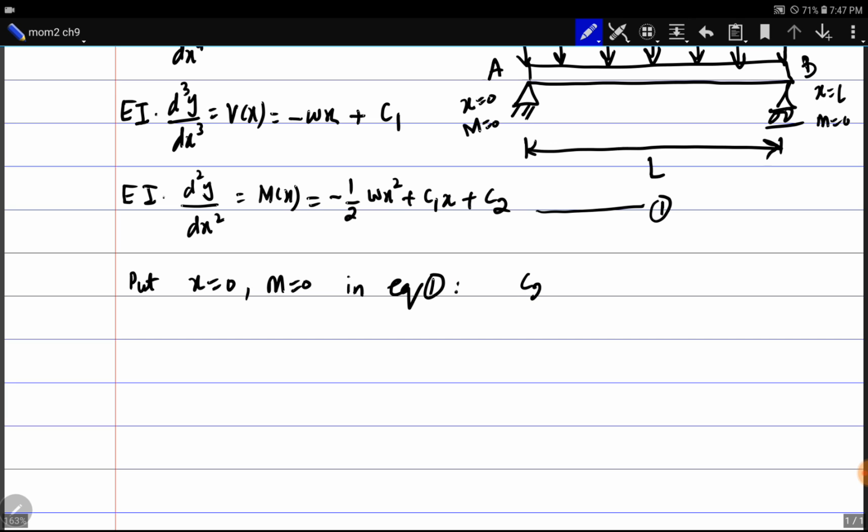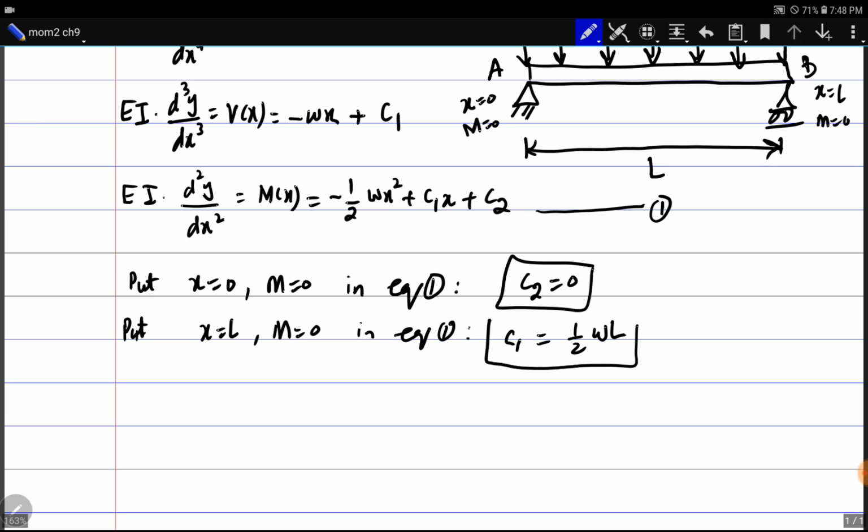We get C2 equal to 0. Similarly, put x equal to L and moment equal to 0 in equation 1. You can do the calculations part by yourself. I will directly write C1 becomes 1 over 2 WL.